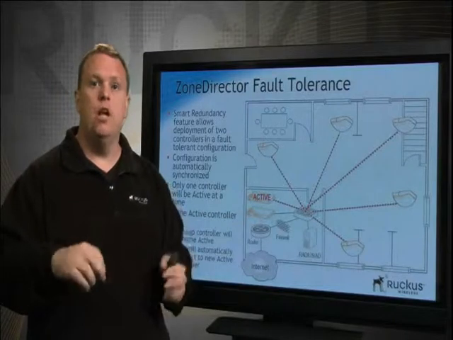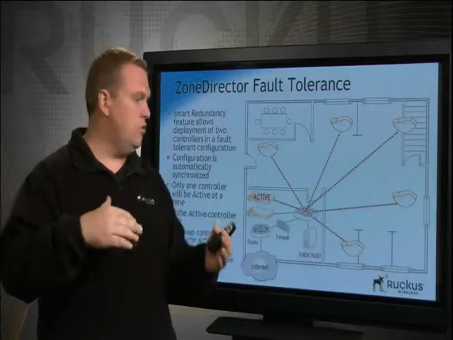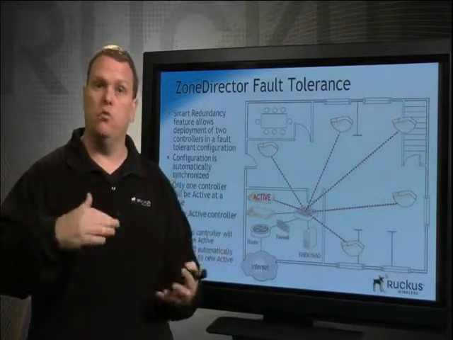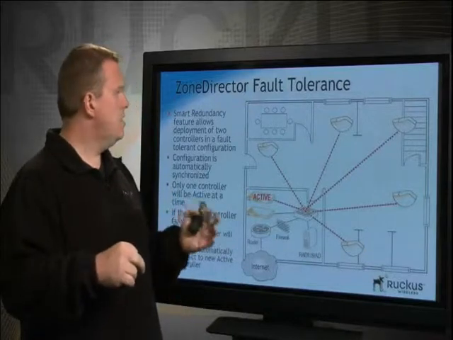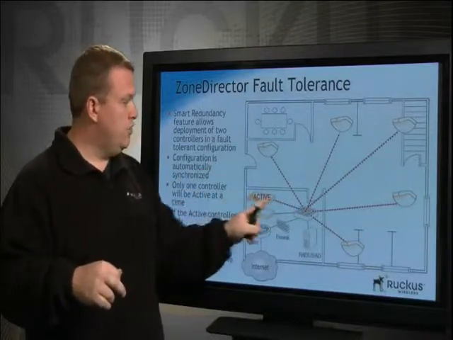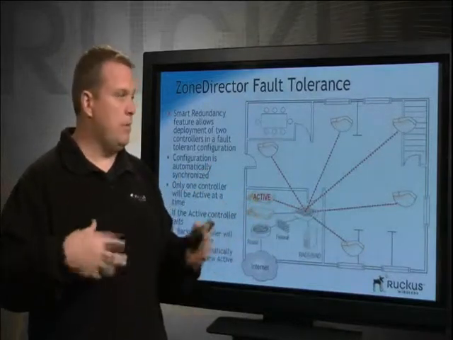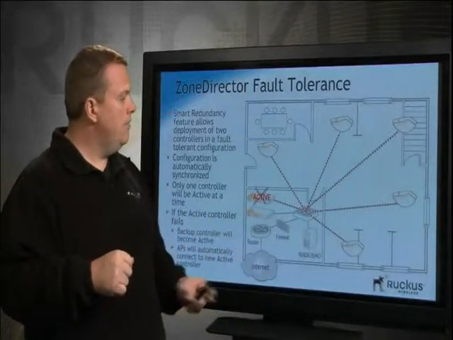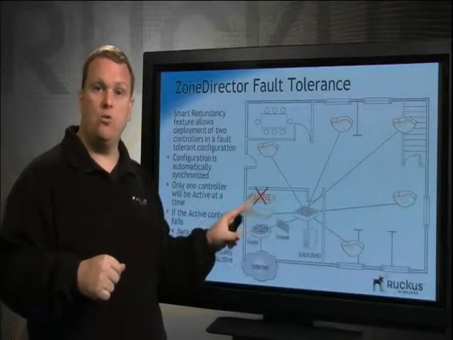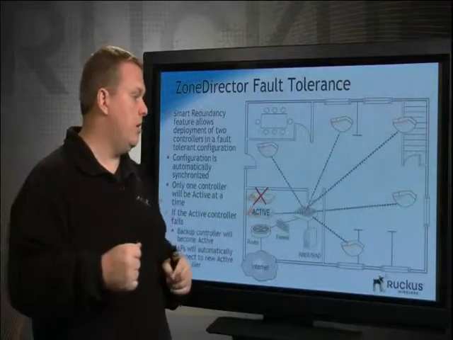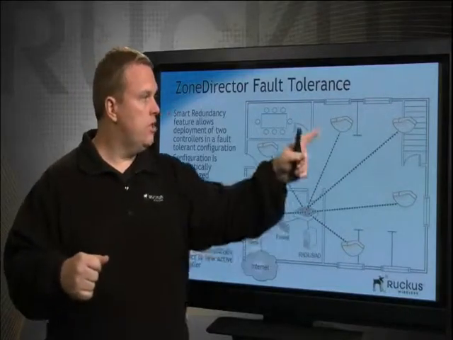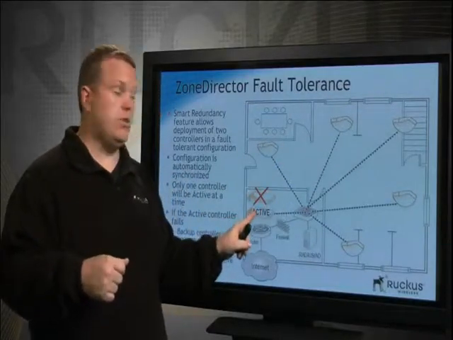So most people tend to choose to have multiple ZoneDirectors, so redundant controllers. In this case, smart redundancy gives you an active ZoneDirector that's operational and everything's fine. But if something happens to this ZoneDirector, it fails or the power goes out on it, the access points already have in mind that there's a second. They've already been told that.